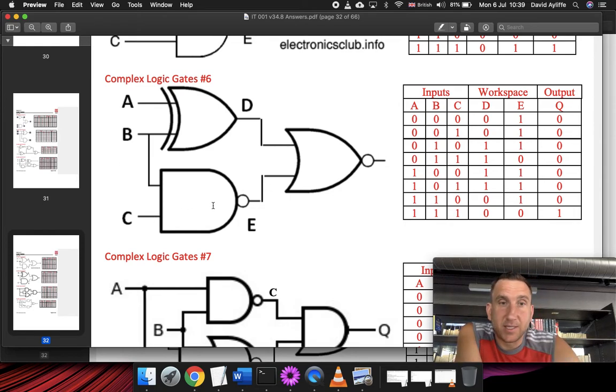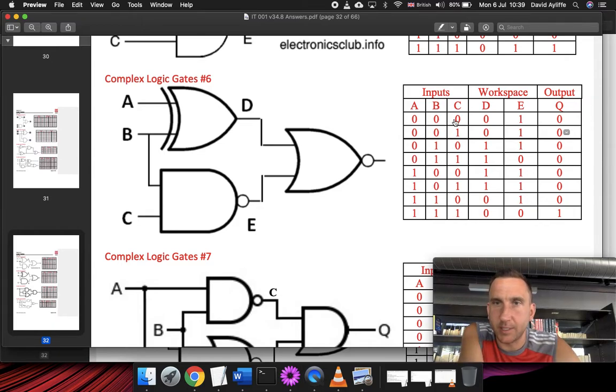E is B NAND C. So the opposite of an AND. In an AND, we only get positive output if we have two positives as input. So here, we will get positive output if we don't have two positives as input.